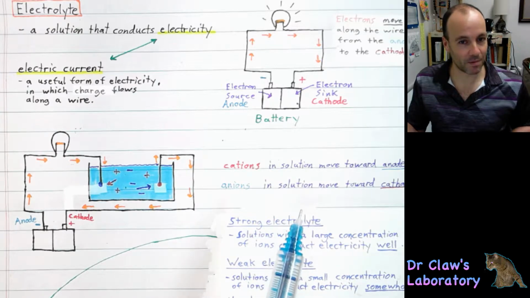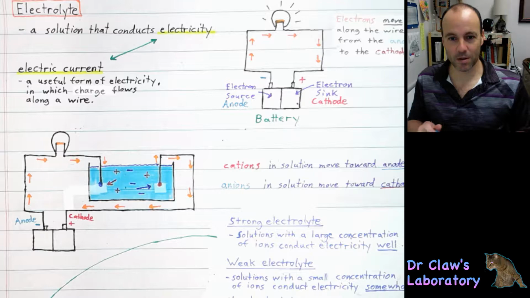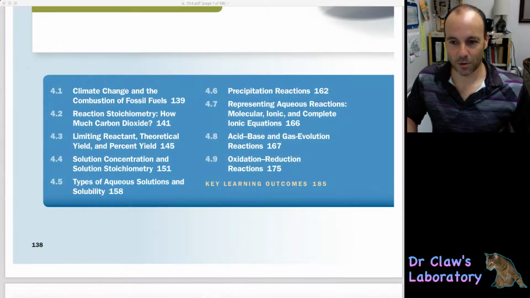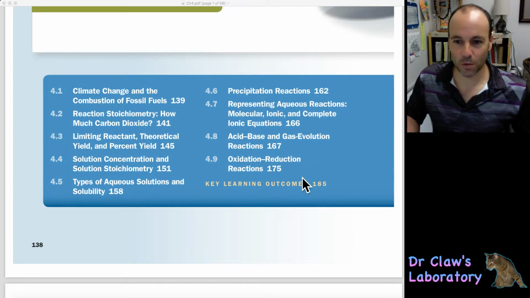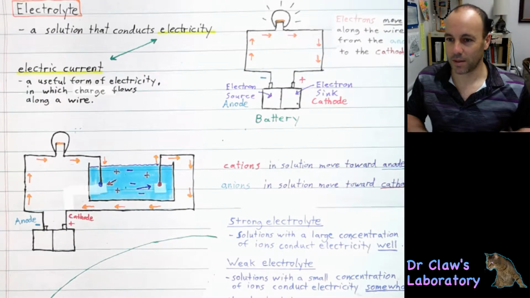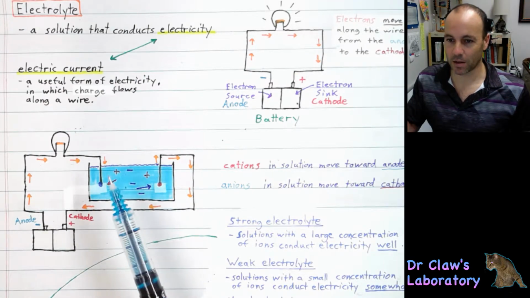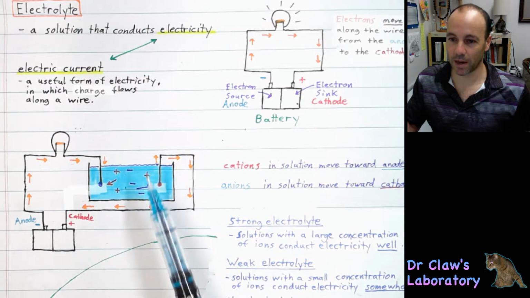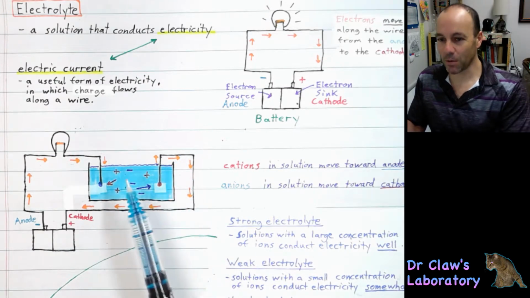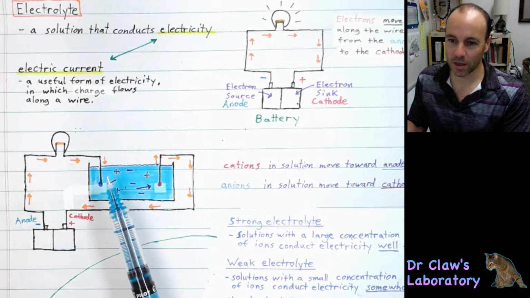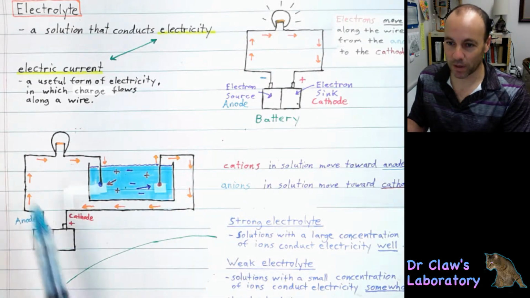So let me go back. There they are. At the end of chapter 4, we briefly talk about redox reactions, but we'll get into more depth in Gen Chem 2. But that's a redox reaction where electrons are absorbed and electrons are produced.